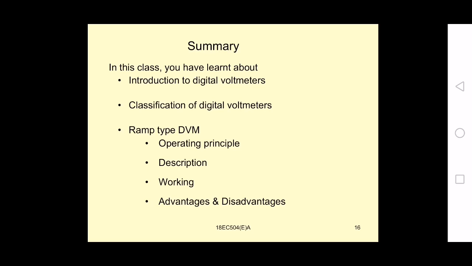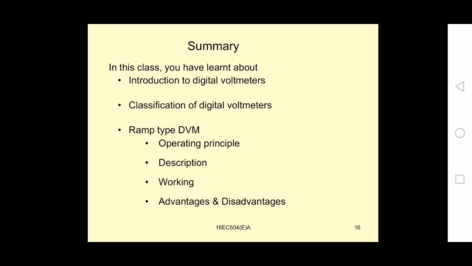There are 6 types of classification. In our syllabus we have the ramp type and successive approximation type, and we have discussed the ramp signal, the ramp type digital voltmeter's basic block diagram, waveforms, working, description of various blocks, and advantages and disadvantages.